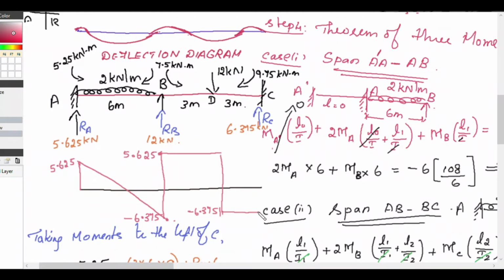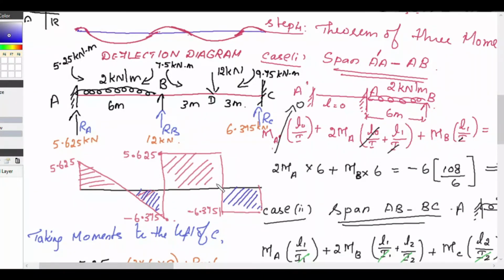So it is 6.375 minus 6.375, we get 0. So here it is positive, and the remaining portion is negative.